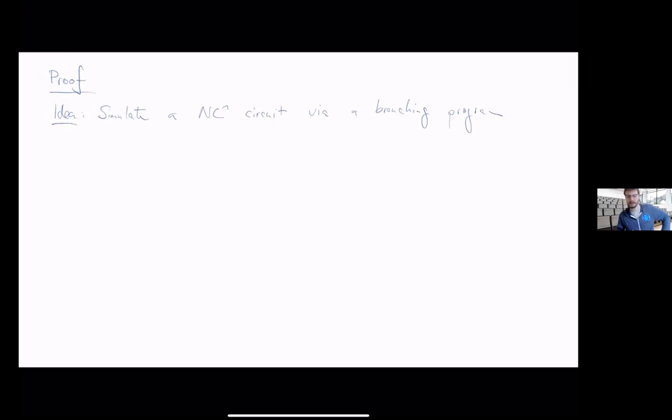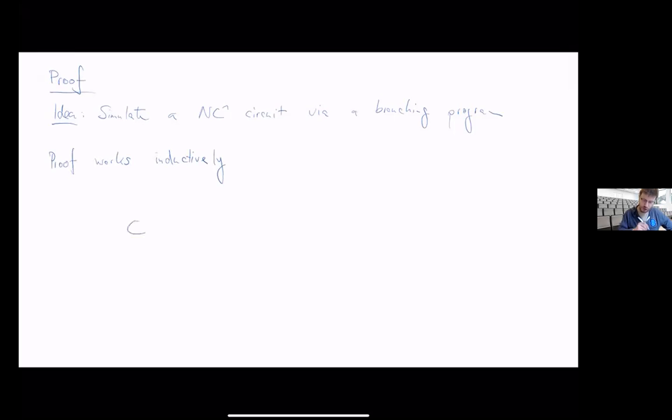And the way I'm going to do this proof is recursively, or inductively. The proof works inductively.